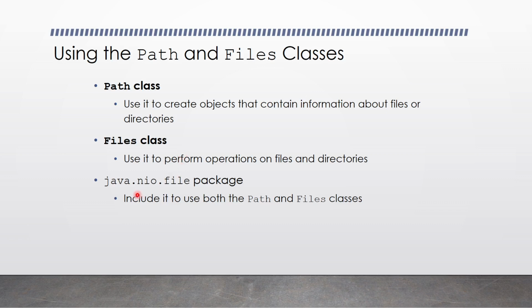You can also include an import statement in a Java program to use both the Files and Path classes. The NIO package in Java stands for new input or output because its classes are new, in that they were not developed until Java 7.